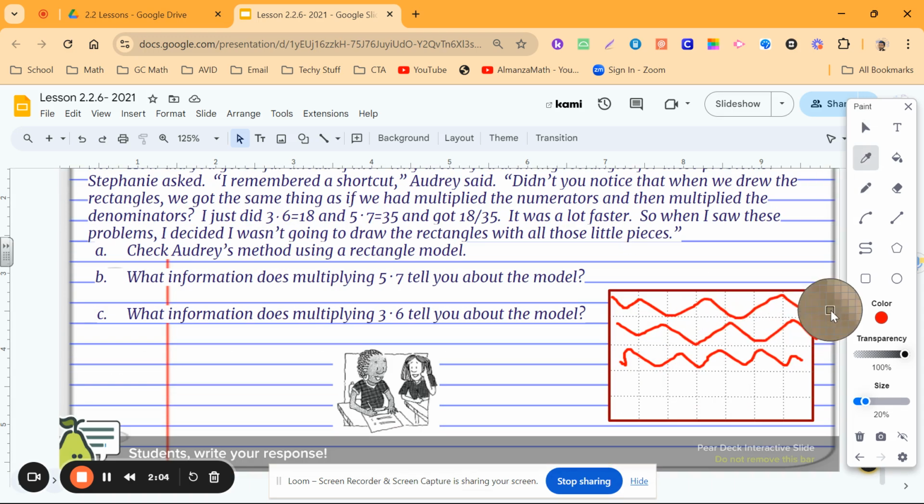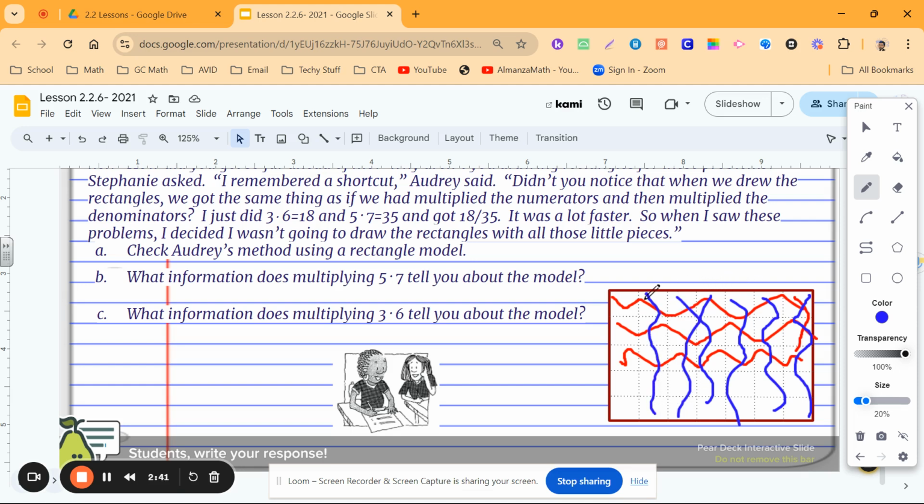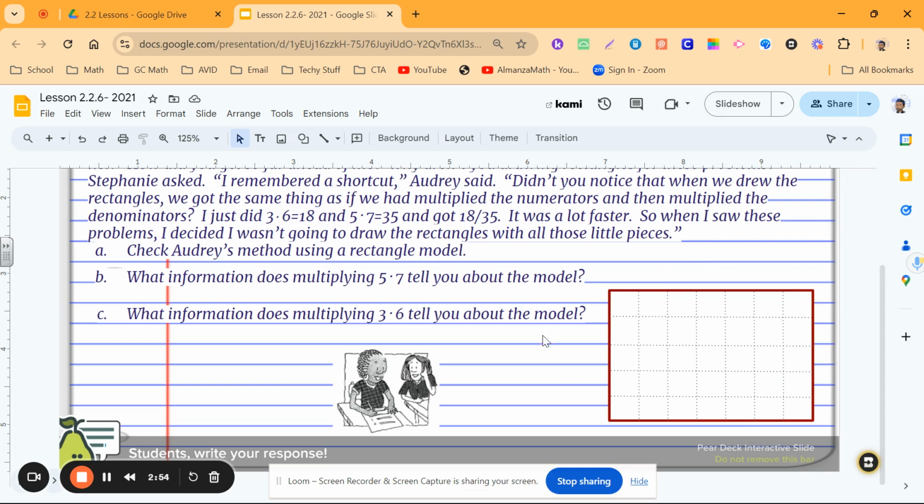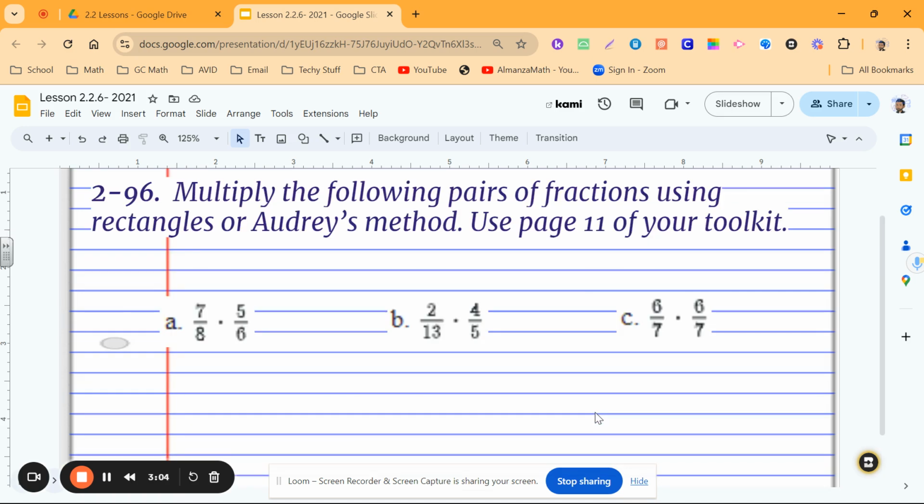So 6/7 would be 1, 2, 3, 4, 5, 6, and then we look at our double shaded areas right here, and we have 18 out of the 35, which is double shaded. So when you look at that alternative, when you're just multiplying fractions straight across, it does make it look a little bit easier, actually a lot easier. So let's see if we can use Audrey's method and solve these other problems.